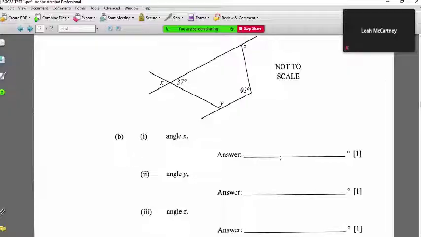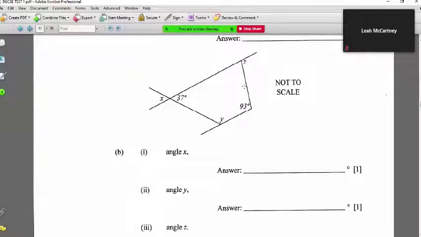The question now is to find angle z, which is this angle right here. Well, how do I find this angle z? If I knew what this angle in here is, I can figure out z, because I know that the total degrees in a straight line is going to be 180. So I can easily figure out what z is: 180 minus this internal angle right here. Well, I already know 3 of the 4 angles.